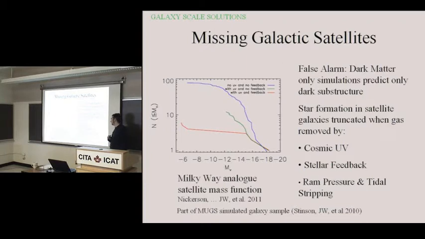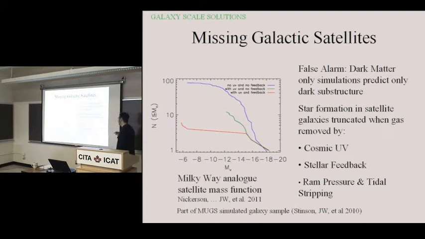So in that sense, I don't think anyone was particularly surprised that you expect a lot fewer bright satellites than dark ones. And there's a role being played by cosmic UV and feedback, but also ram pressure and tidal stripping. And the first two are kind of obvious because they're relatively easy to model, at least at a crude level within a simulation.